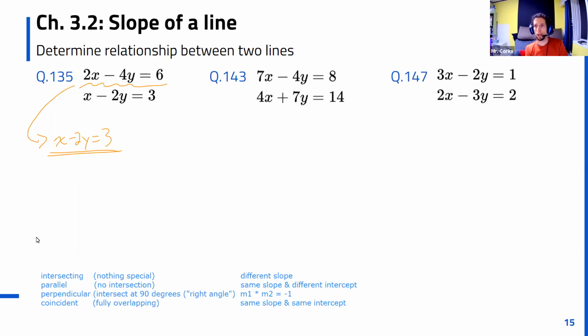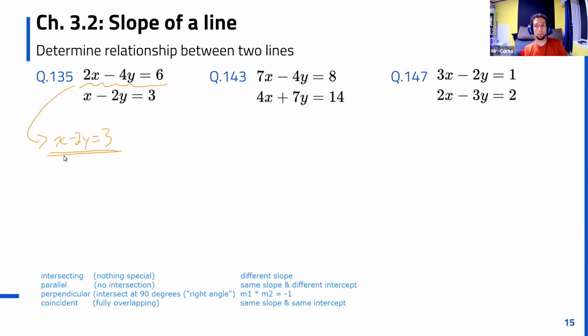Okay, the person who said it's parallel, tell me why you think it's parallel and not coincident. Yeah, when I divided both parts, I just forgot to divide the 6. That's why I got parallel. Okay, so that's our parallel answer. So it's the exact same here, so both parts will be the same.